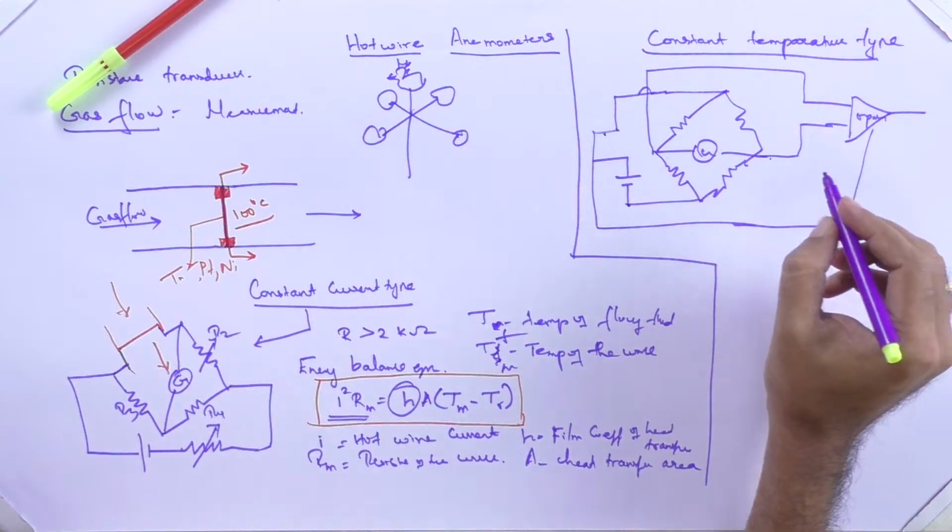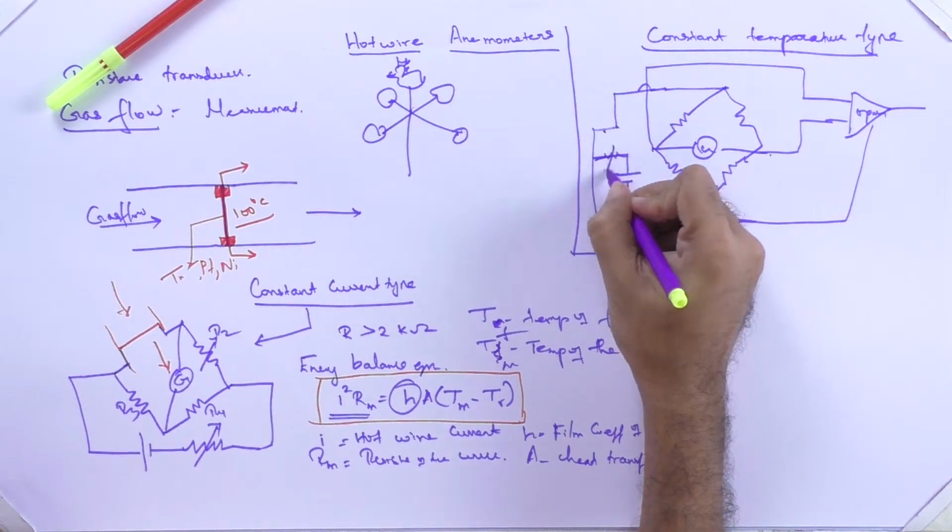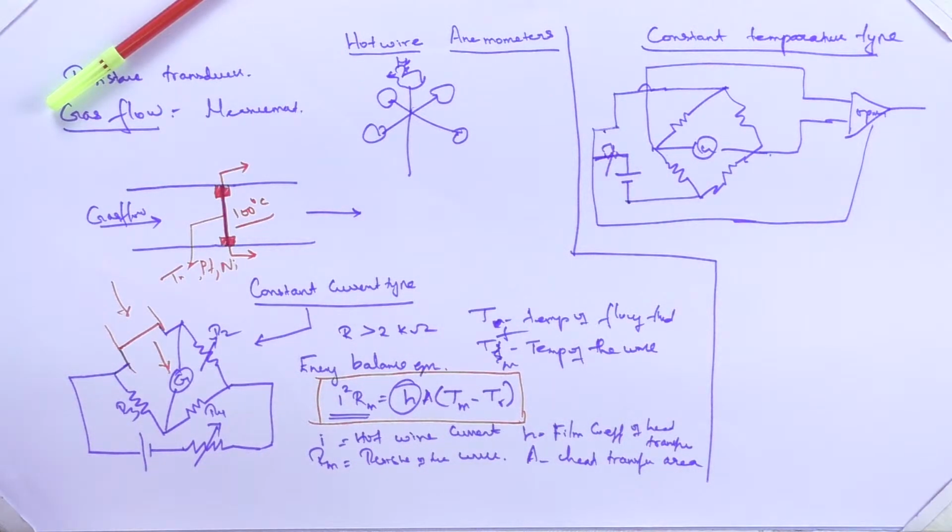Here, as we have seen before, in the constant current type we maintain the hot wire at a constant current, but here we are going to maintain the hot wire at a constant temperature by adjusting the resistance in the circuit. Okay, when we adjust the temperature to a constant value at T1 or T2, whatever you can have over there, then the gas flow will try to change the temperature.